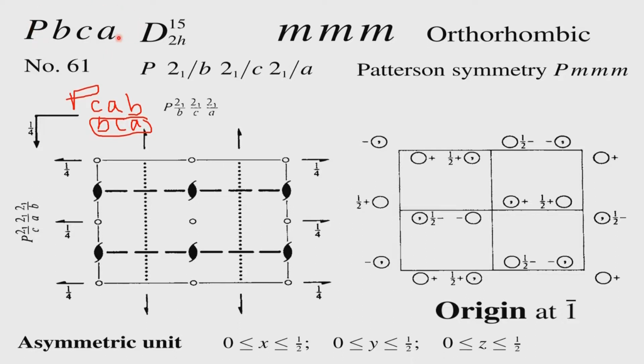Otherwise, the numbers would have increased enormously. For any given A, B, C, we can define these interchangeably to the combinations. So, the combinations will keep on increasing, which we do not want to consider. So, PBCA is number 61, and if the machine tells you when you do the analysis that it is PCAB, you do not have to panic, it is still the space group 61.